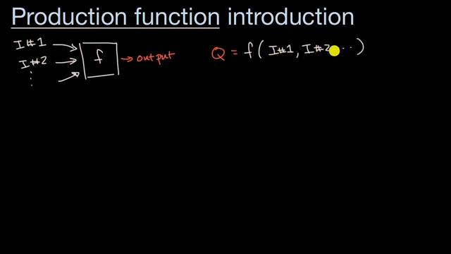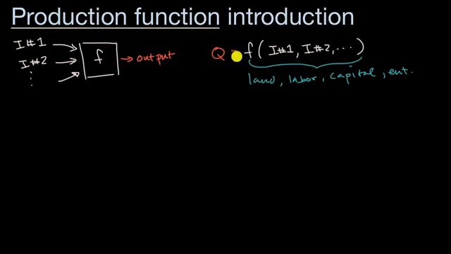And these inputs, if you wanted to categorize them, these are the classic factors of production that we would have talked about before. These would be your land, labor, capital, and entrepreneurship. And it doesn't have to be all of them, but each of these inputs would likely be factored as one of these. Now, this might still seem very abstract and very mathy.